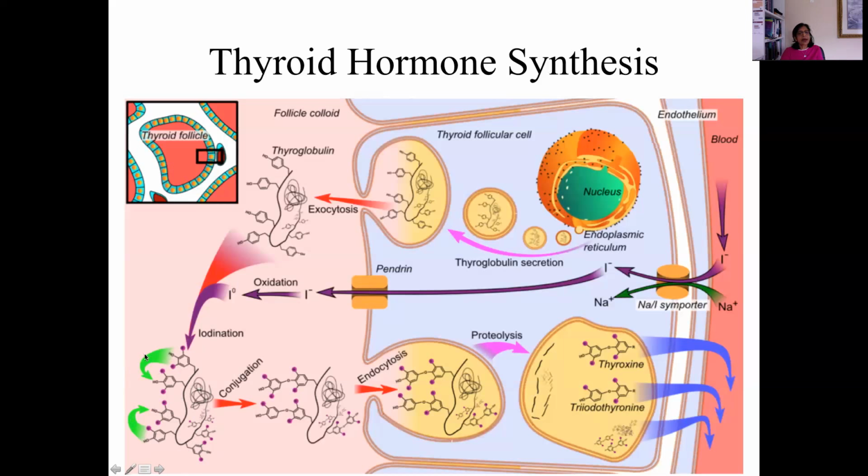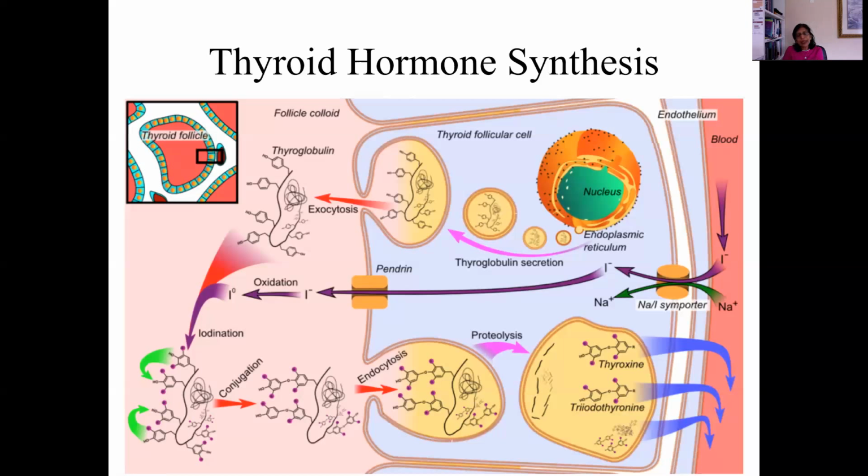Now, one thing you probably would like to know is that there is more T4 than T3 in general. However, T4, as it reaches the cell, would eventually become T3.